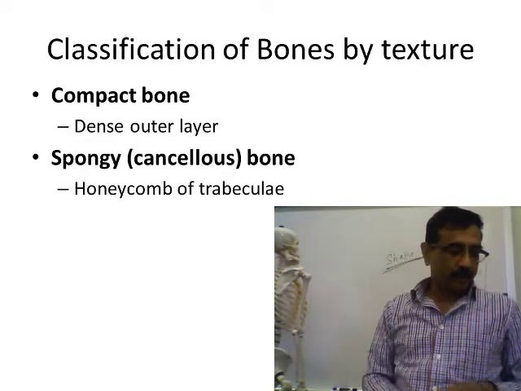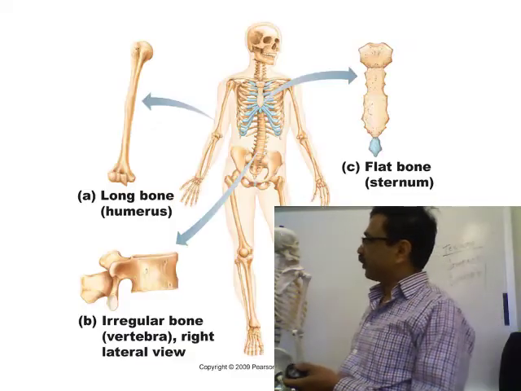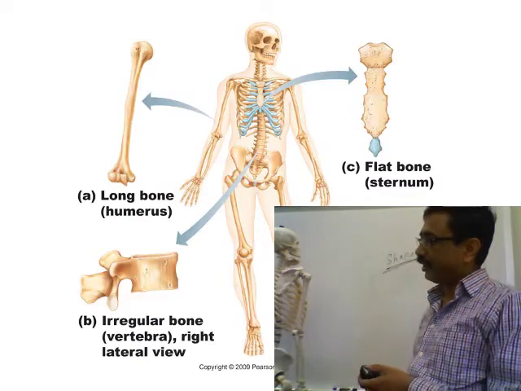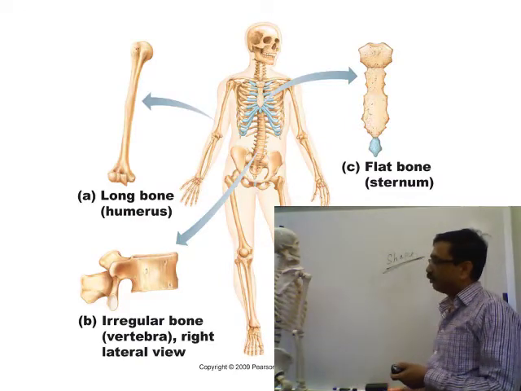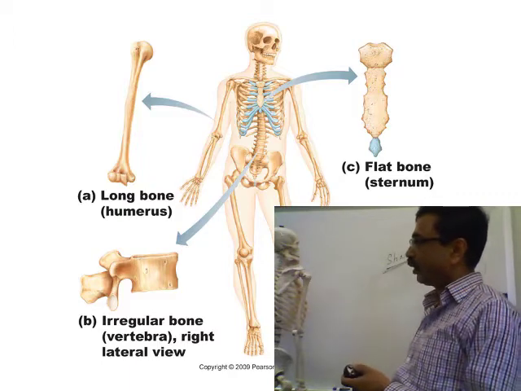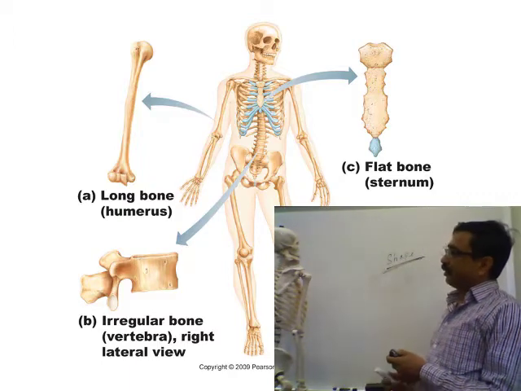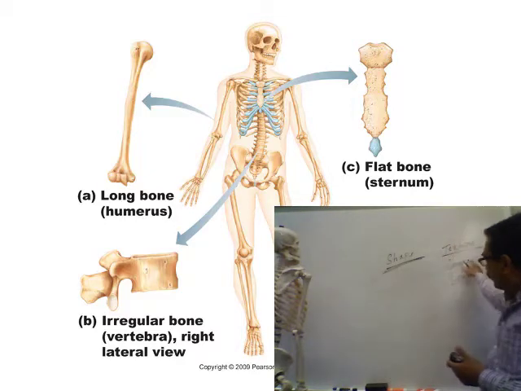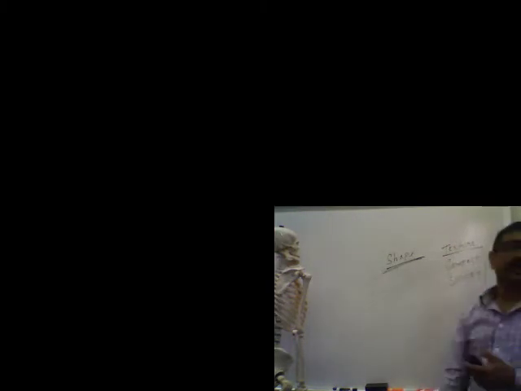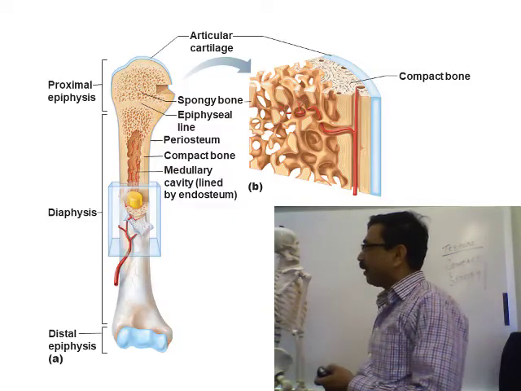So, we divide the bones that way. Here you see in this picture long bone, flat bone, short bone, irregular bone. By texture, compact and spongy. Spongy is also known as cancellous bone.